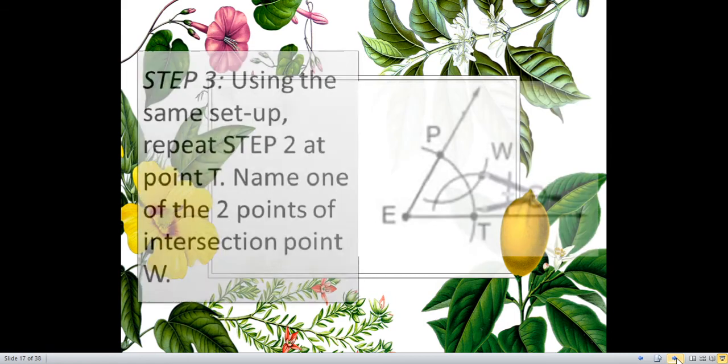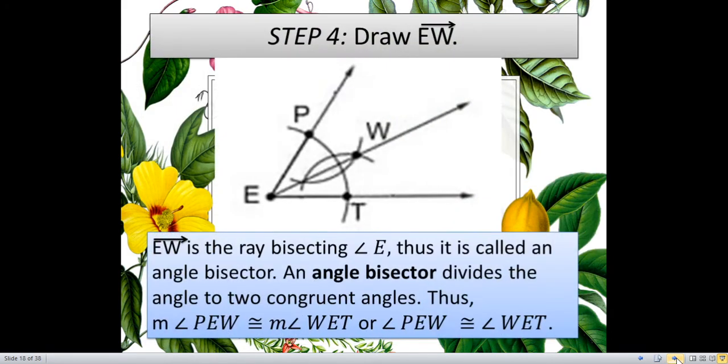Okay, next, for step 4, we will now draw from point E to point W and extend infinitely from there. That's why it's called a ray. You now form a ray.